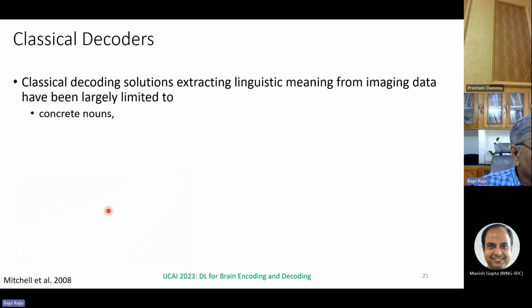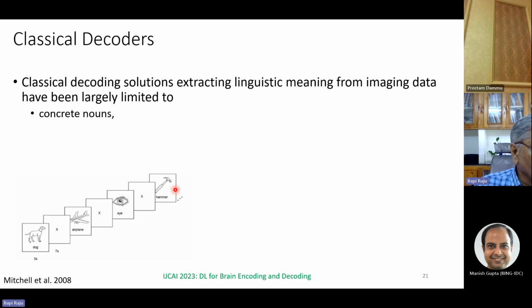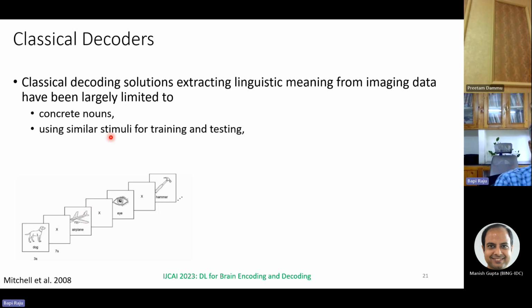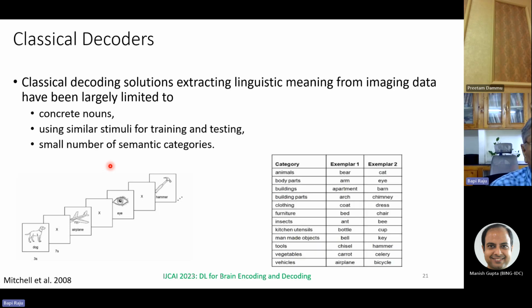Some of these are concrete nouns like hammer, and all of these are concrete objects. They used similar stimuli for training and testing, and the semantic categories were smaller in number. Given the time of this work, 2008, the categories they used were animals, body parts, vegetables, vehicles, with a few exemplars of each category.